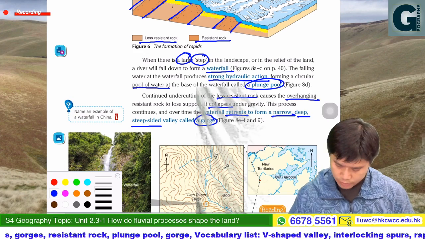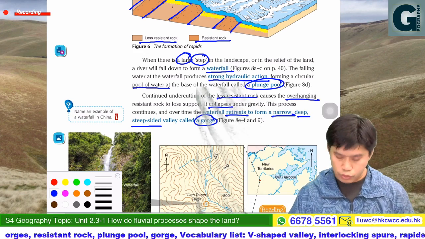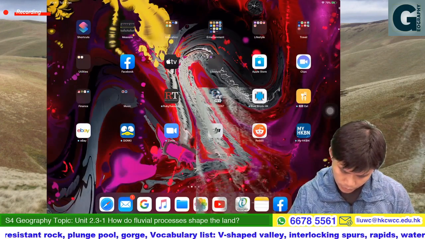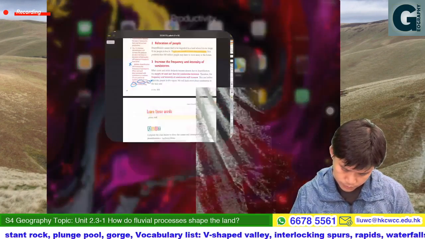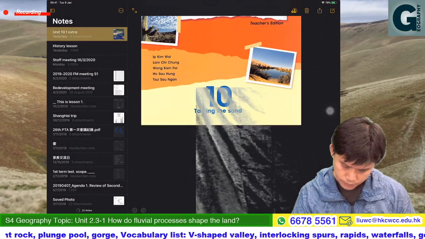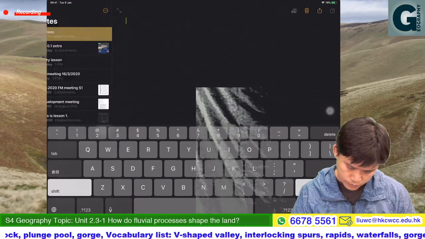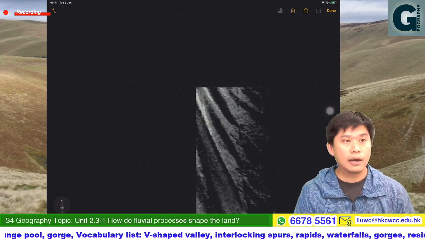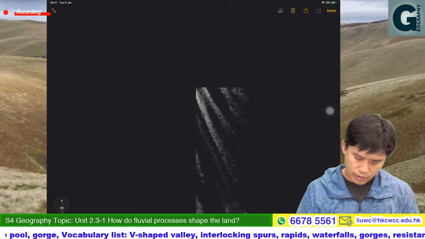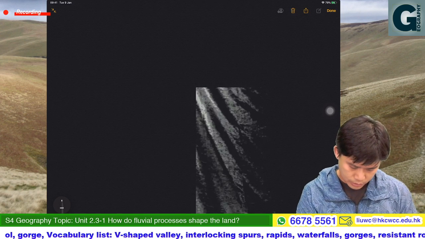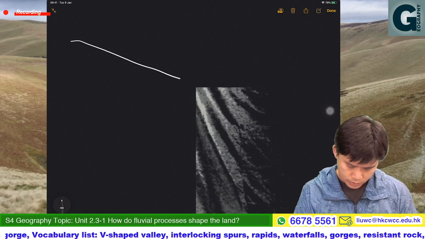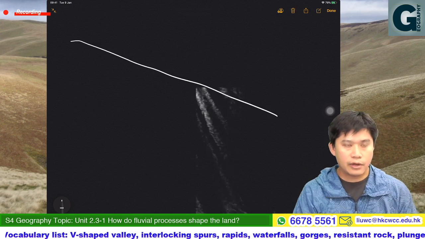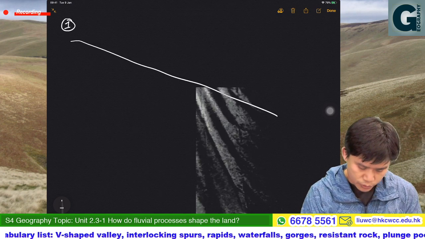So right now, let's do the drawing together. Imagine that would be a slope, for the first one, rapid.